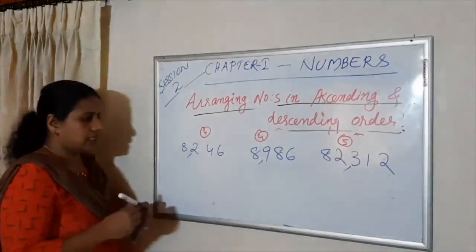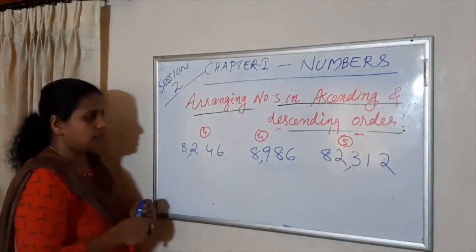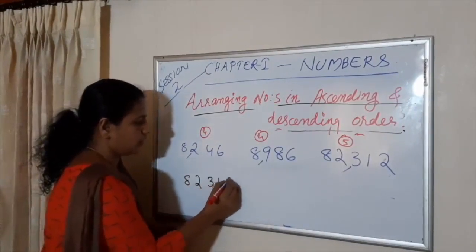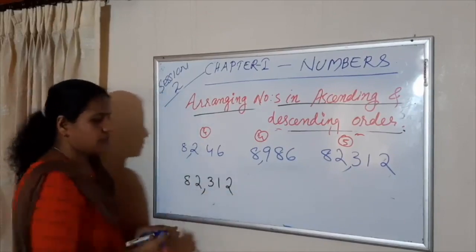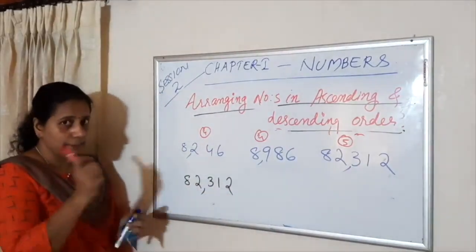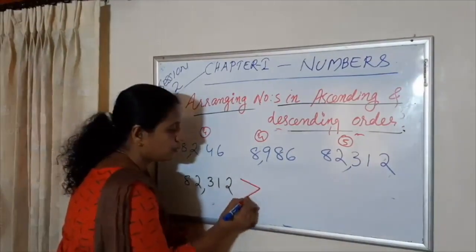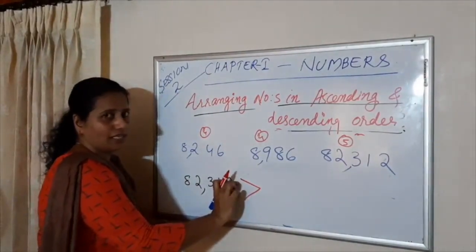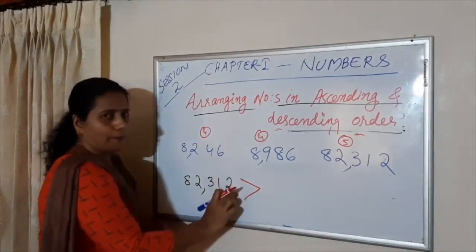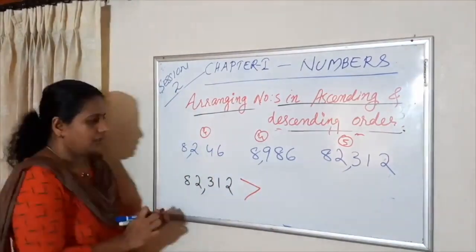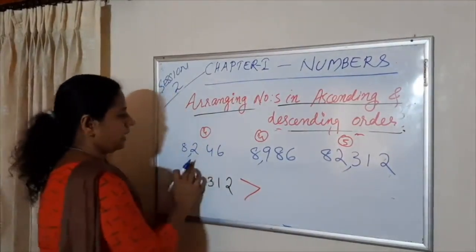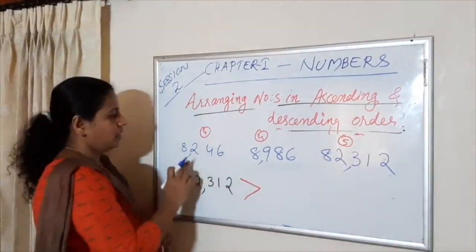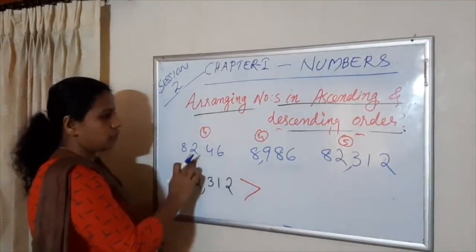So first you write the biggest number, that is 82,312. It is the biggest number. So put the symbol like this way, you know that it is a crocodile's mouth, and the biggest part is the next one. 8246 and 8986. Which is the next biggest number? 8 and 8 both are the same. 2 and 9.